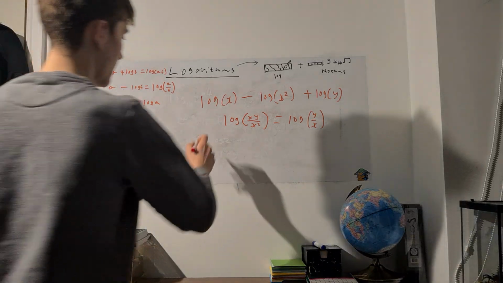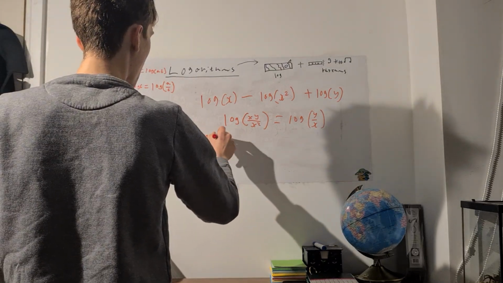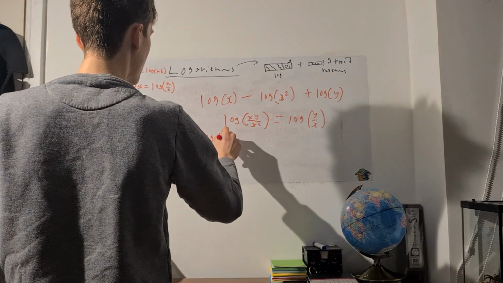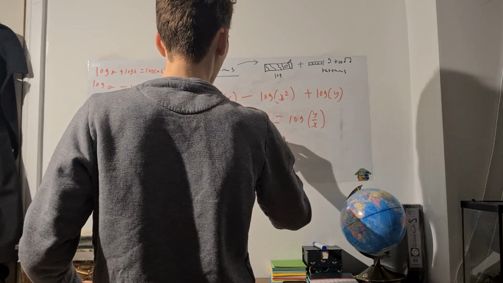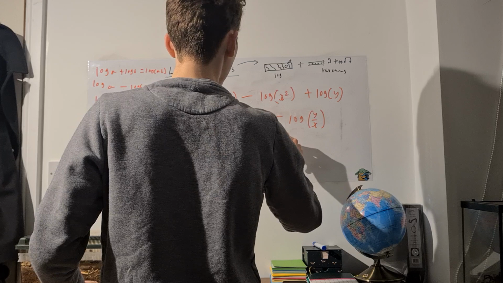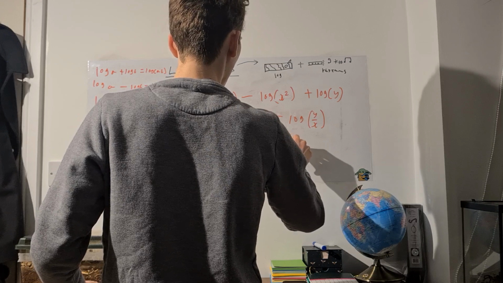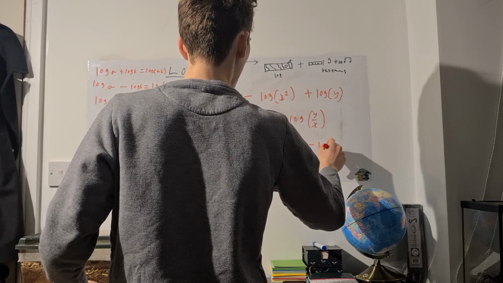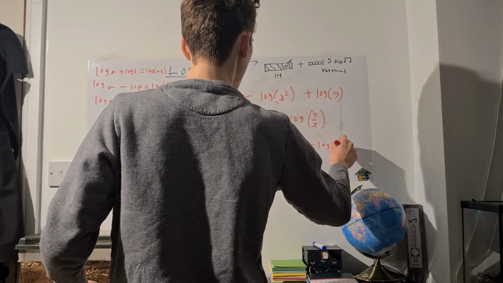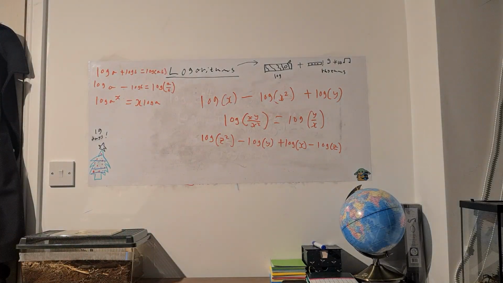So if you had, say, log z squared minus log y plus log x minus log z. Alright, how would you simplify that?